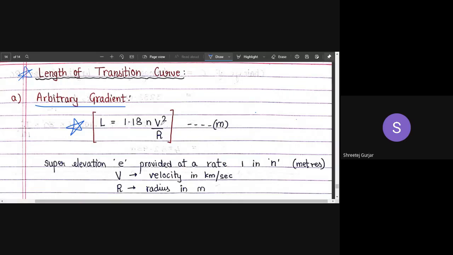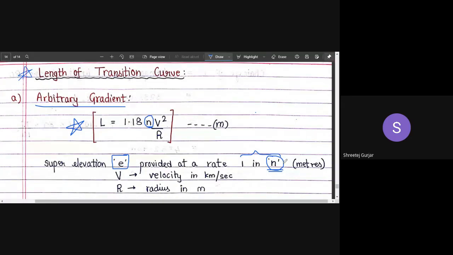So what is e, what is n, what is v? I have told you the super elevation which we provide is known as a small e, right? Super elevation E is provided at a rate of 1 in n. The rate of super elevation, this particular n which you see in here, we have to substitute over here.